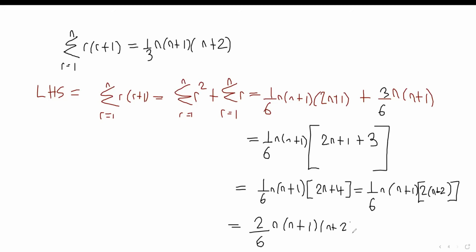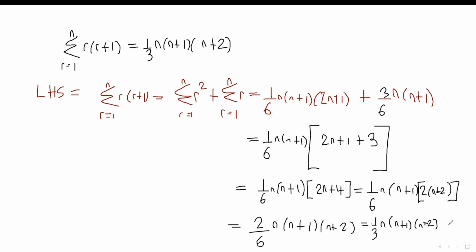And now this 2 over 6, 2 into itself 1, 2 into 6, 3. So we get the answer: 1 over 3n times n plus 1 times n plus 2. Nice and easy and soft. So see there, soft.